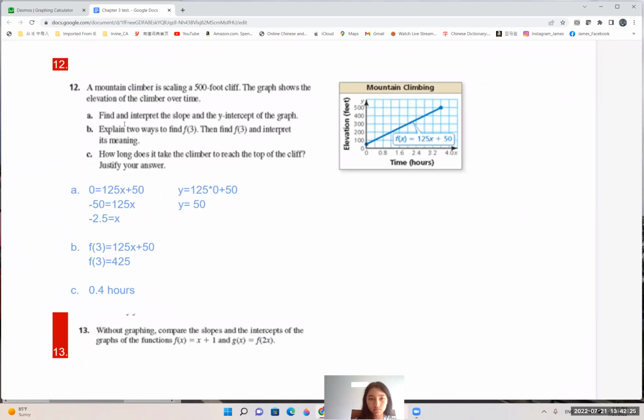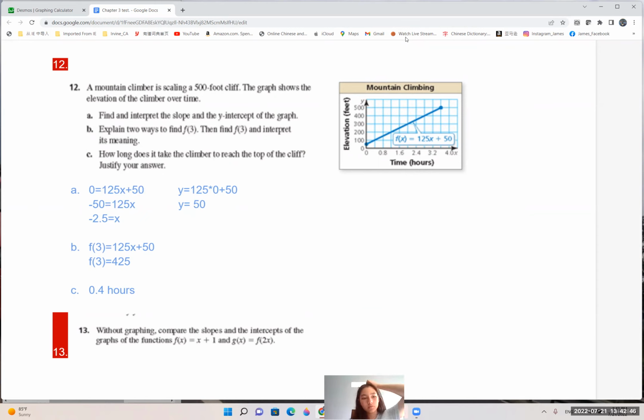Scale, find an intercept and interpret the slope and the y-intercept. So tell me what's the value of slope?